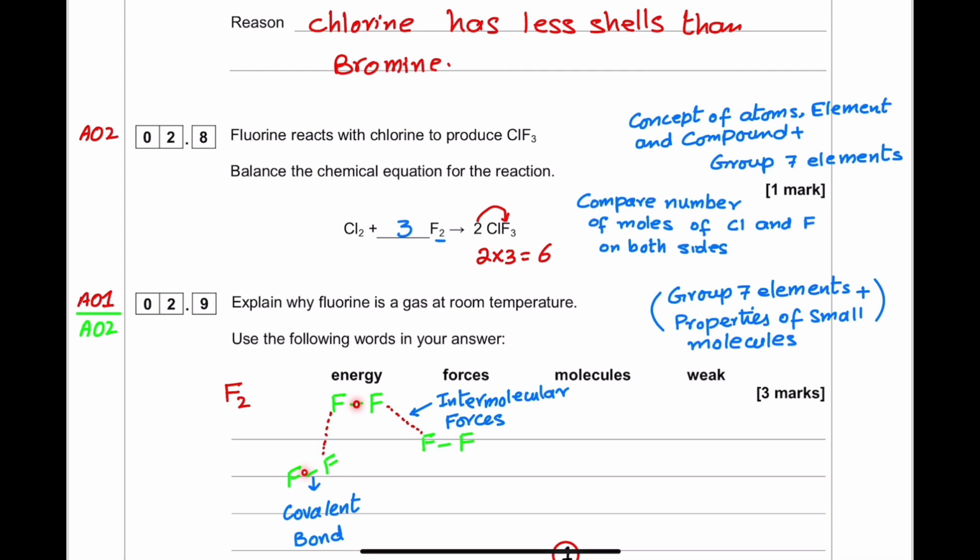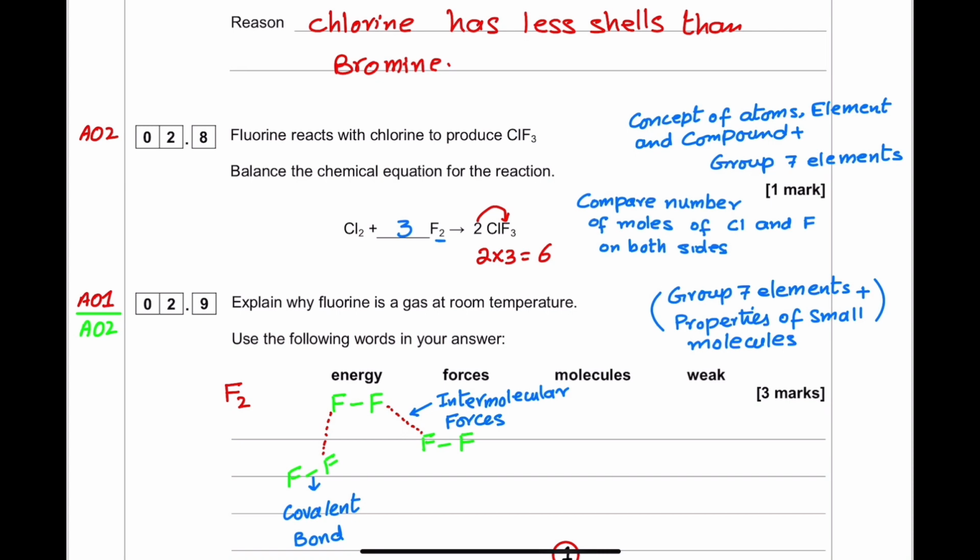These green lines are showing the covalent bond present between fluorine and fluorine atoms. These dotted lines between the molecules are showing the intermolecular forces present between the molecules of fluorine.